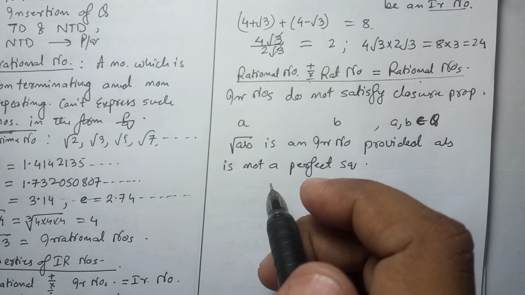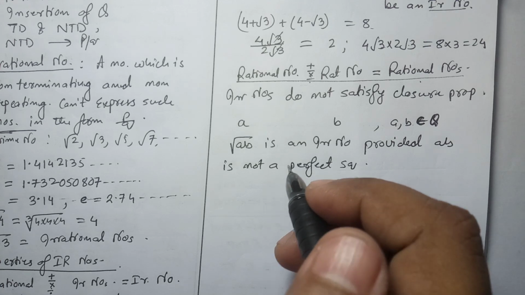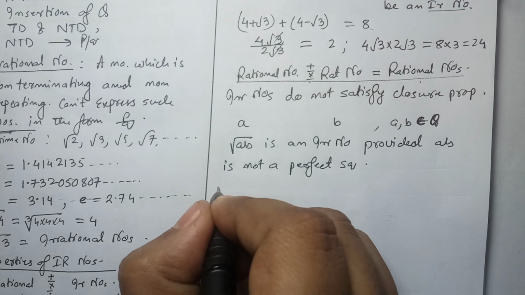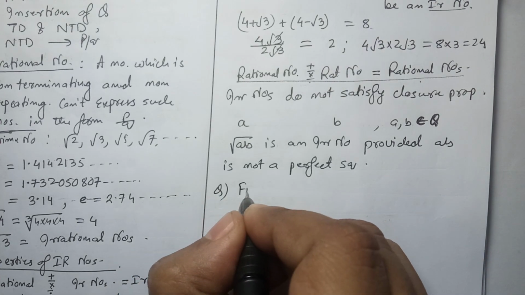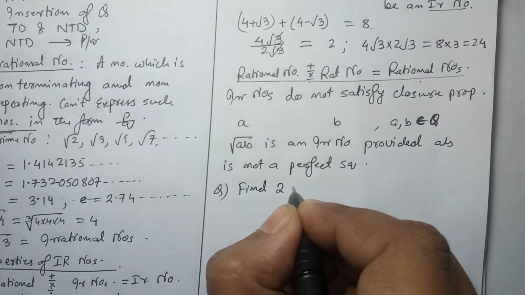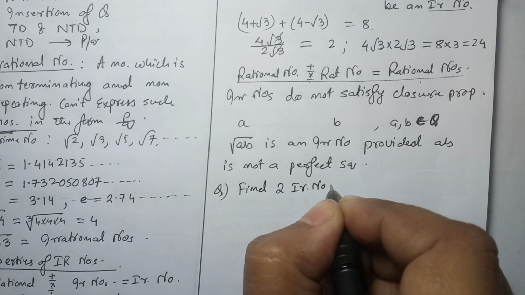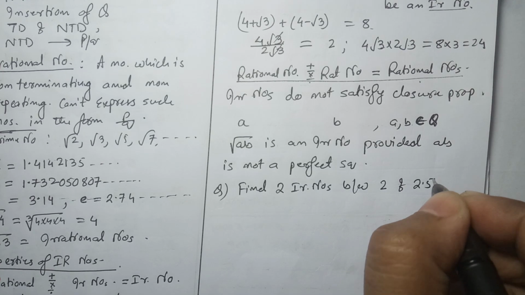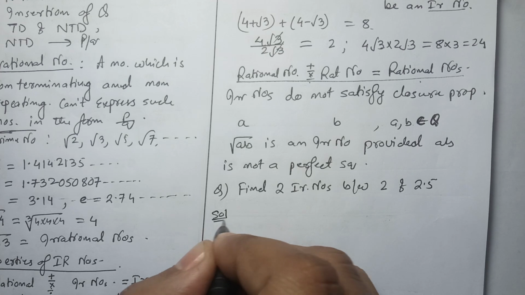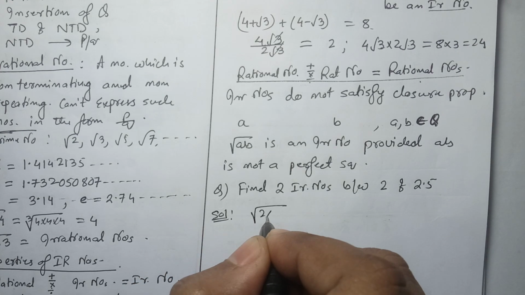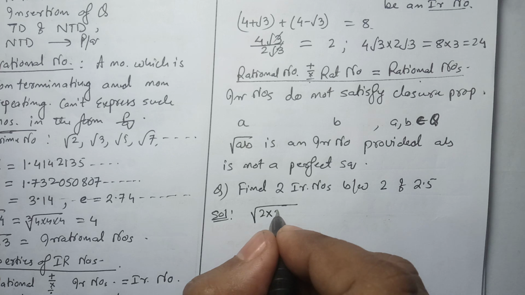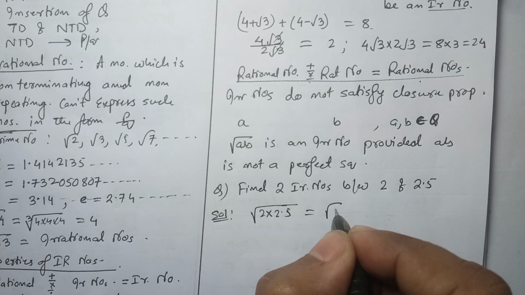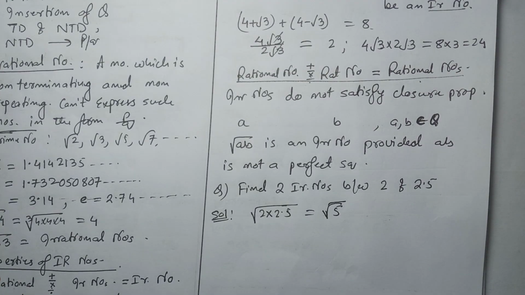Suppose for example the question says find two irrational numbers between 2 and 2.5. So the first one will be root of 2 into 2.5, so this is root 5, correct?